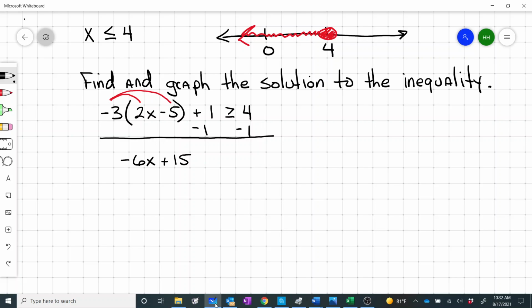Positive 1 minus 1 is 0, and 4 minus 1 is 3. Now we're going to subtract 15 from each side. The negative 6x will fall down. The positive 15 plus negative 15 equals 0, so this goes away. And we are greater than or equal to 3 minus 15, that's negative 12.